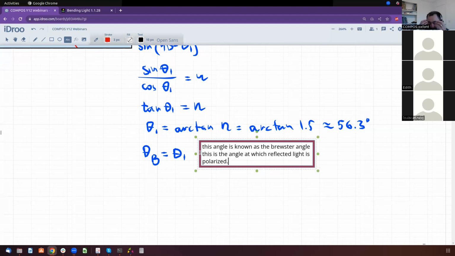But the thing is, you can measure this angle without having a refracted ray. In other words, you can find the refractive index of non-transparent materials.